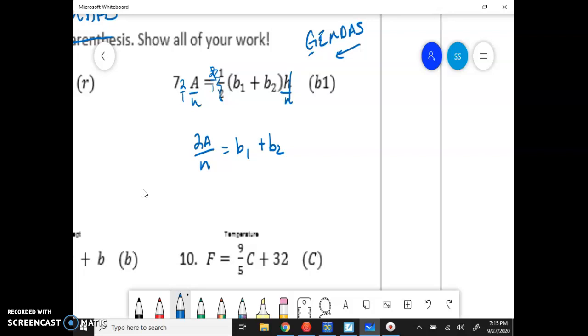Now I want to isolate B1, so I just want to subtract B2 on both sides. Now how do we do this? This is actually just one term, and this is going to be separate. So all we have to do is write these separately: 2A over H minus B2 is equal to B1. That's not so bad.